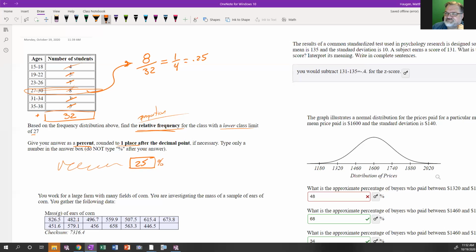Some people had an issue with how much they rounded, particularly when it wasn't such a nice answer. There weren't too many issues with rounding that I saw, but I gave some points back because that's more or less the right answer, but you have to pay attention to how much you're rounding.